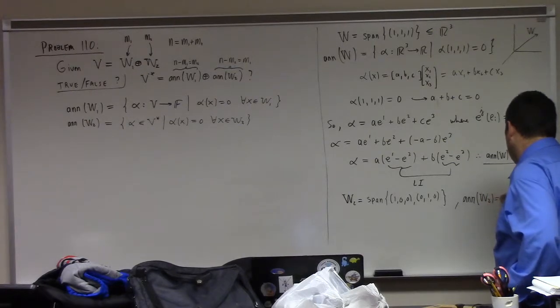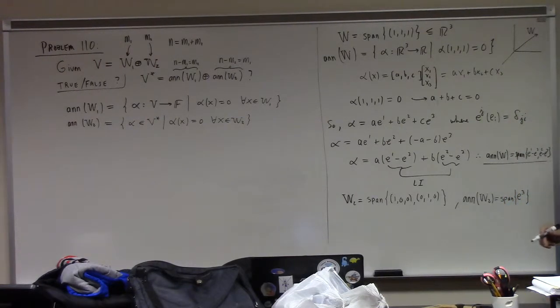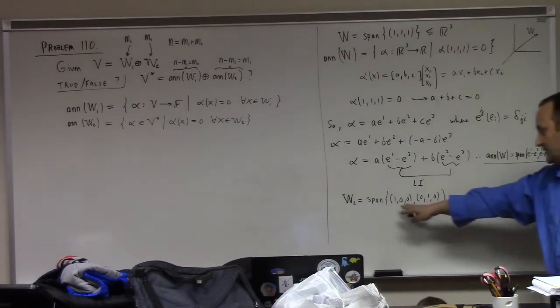I'm pretty sure it would be the span of e3, because e3 is only non-zero when it hits e lower 3, and so it automatically kills these two vectors.